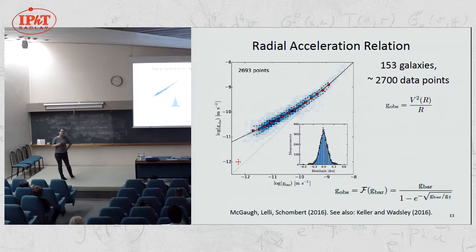And one of the things that they've done with this data, which you may have heard about last year, was to look for correlations between the observed acceleration of the stars as they orbit the galaxy, and what you would predict from the baryonic physics. So you can see that there's some potentially nice correlation here, which is explained in the original paper by this fitting function.